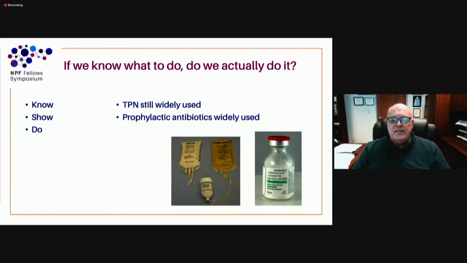That's also part of making progress, which is implementation research. That is, if we know what to do and we're not doing it, why aren't we doing it? And can we design interventions that make us better at delivering the highest quality care? Next slide.